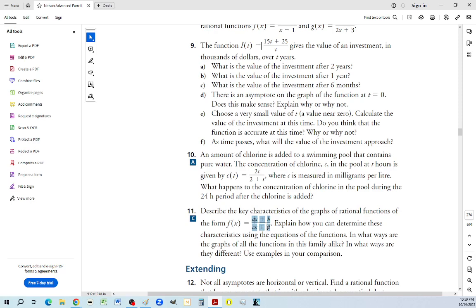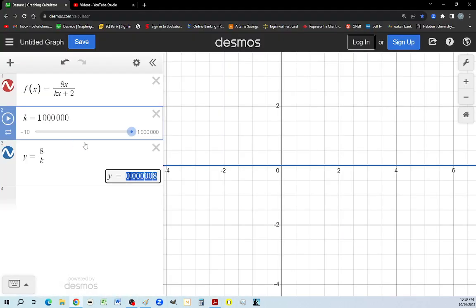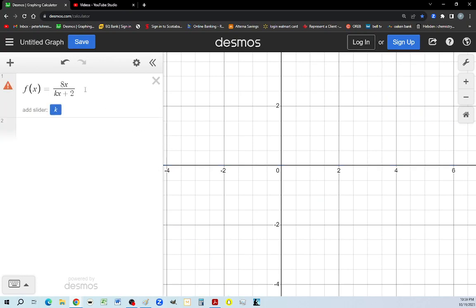The key characteristics. Geez, we could just put this into decimals. That'll be easier. And then you can set your variables.